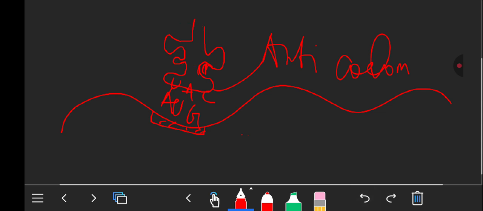When this tRNA now brings the amino acid, the large subunit is going to attach. So this is the small subunit, and the large subunit has now come to bind.